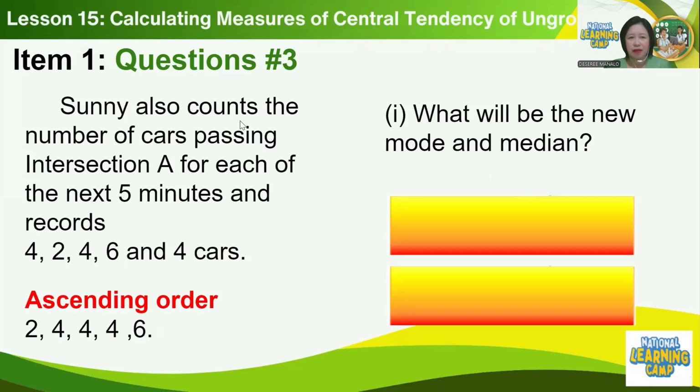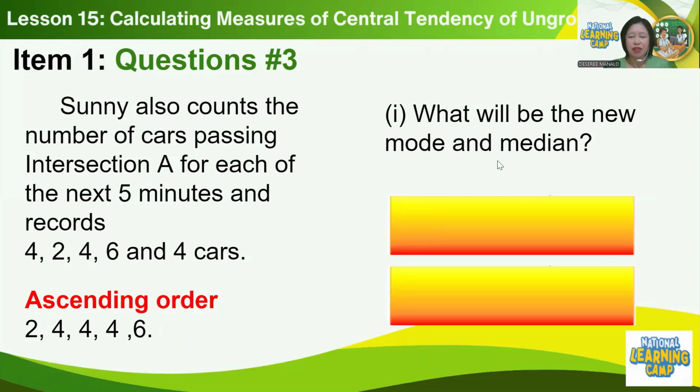Question number 3. Sunny also counts the number of cars passing intersection A for each of the next 5 minutes and records 4, 2, 4, 6, and 4 cars. So arrange again in ascending order: 2, 4, 4, 4, and 6.